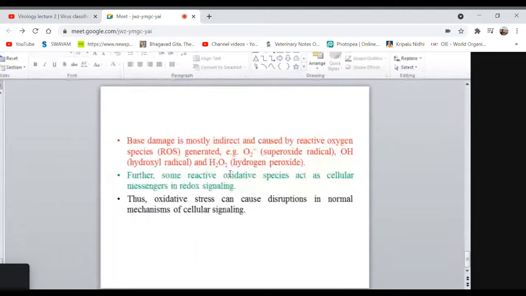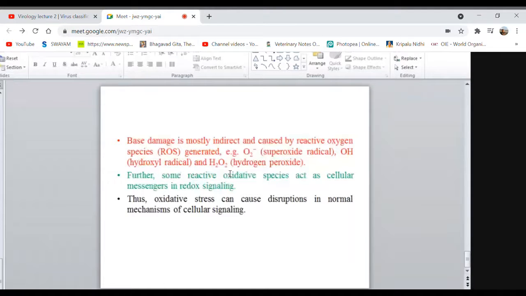Some reactive oxidant species also act as cellular messengers in redox signaling. So oxidative stress from these reactive species also causes interruption or disruption in the normal cellular signaling mechanisms.